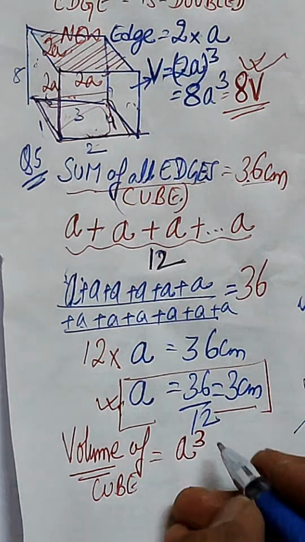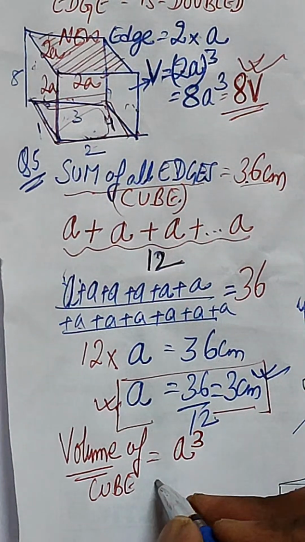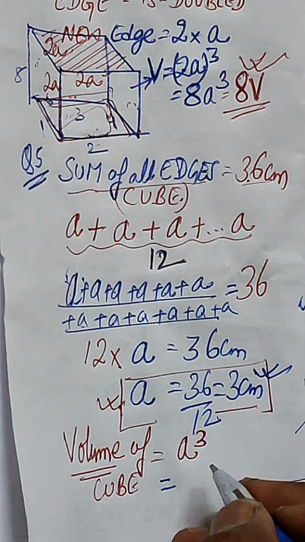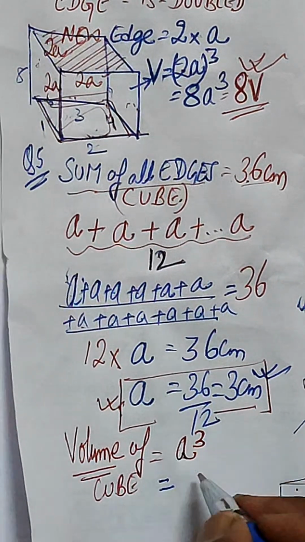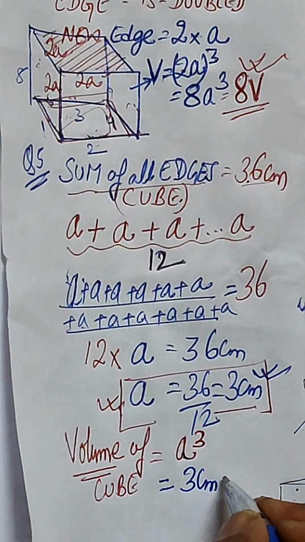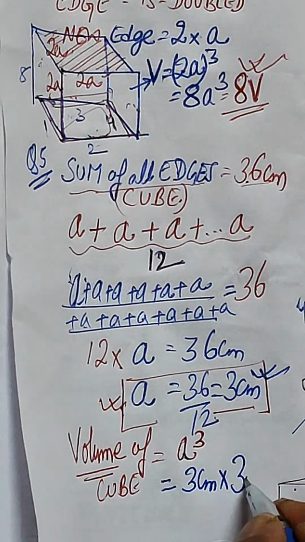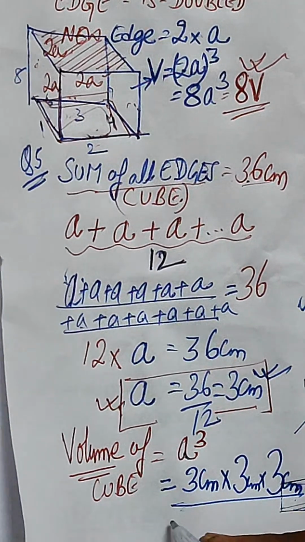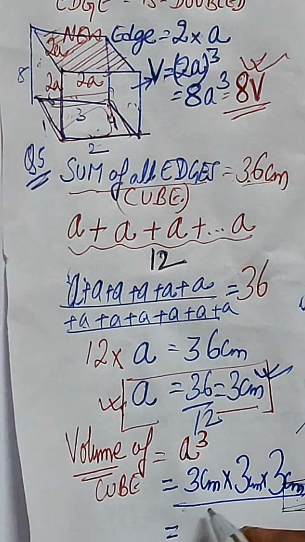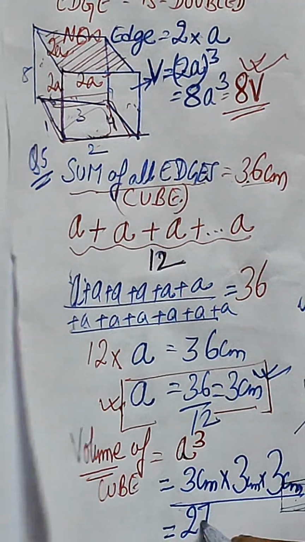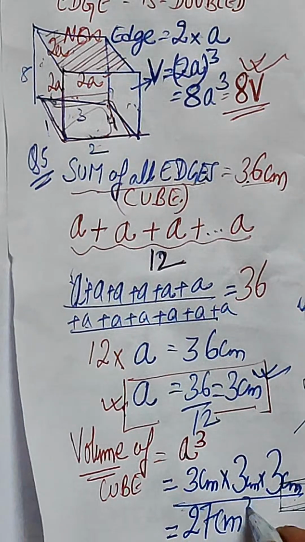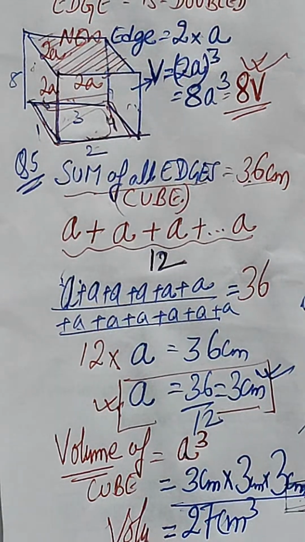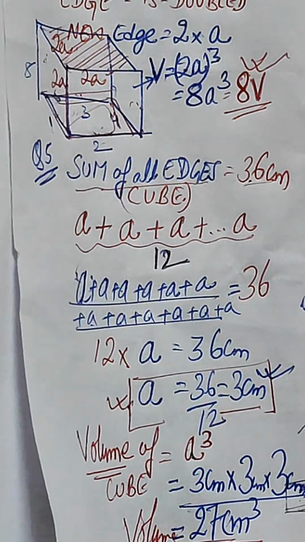A is calculated as 3 centimeter. So it will be 3 centimeter into 3 centimeter into 3 centimeter, right? So this will give you 3 into 3, 9, 9 into 3, 27. So 27 centimeter cube is the volume of this cube which we have calculated, right?